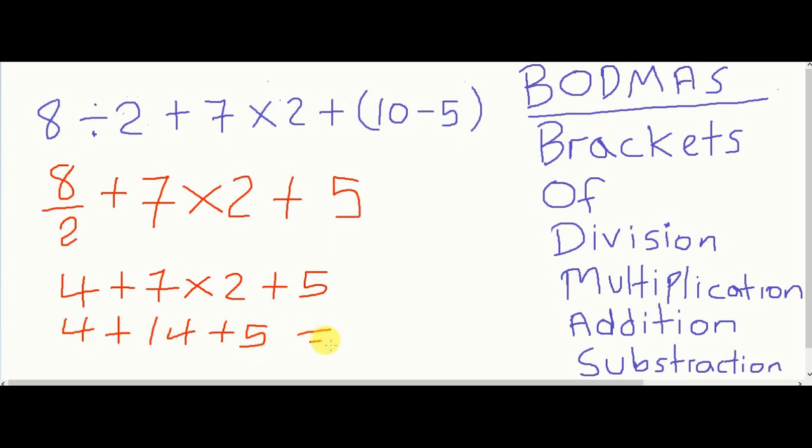So therefore 23 is the answer. Very easy. Once you follow this rule, you will get these answers right. If you don't follow this rule, you will get the answer incorrect most times.